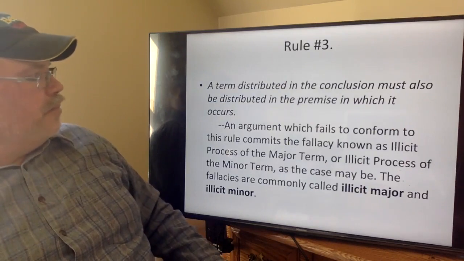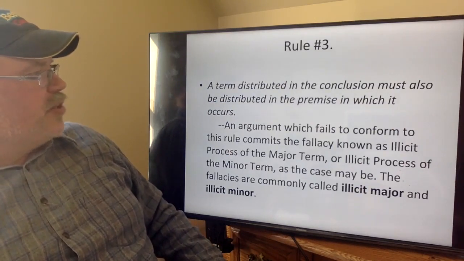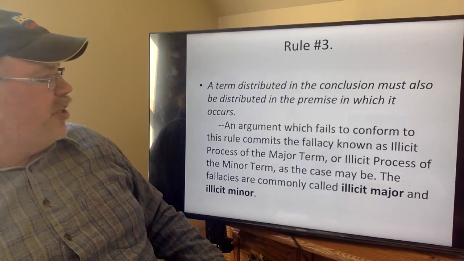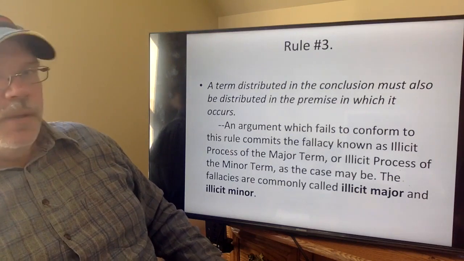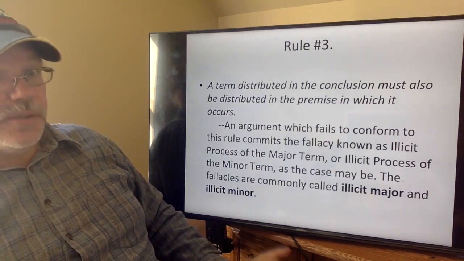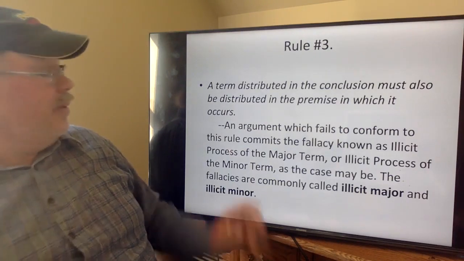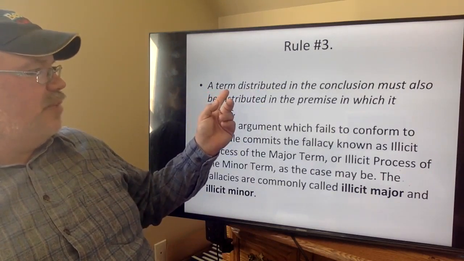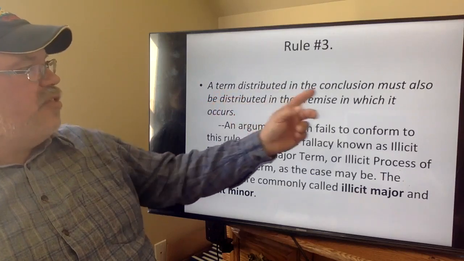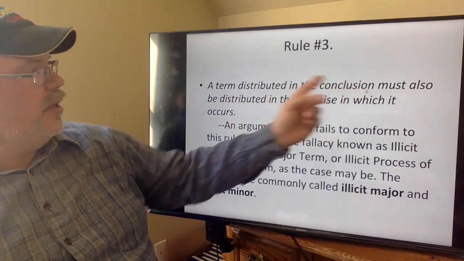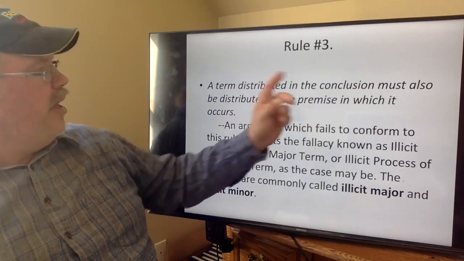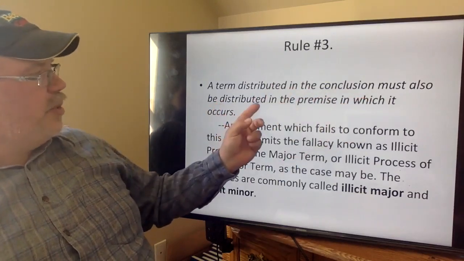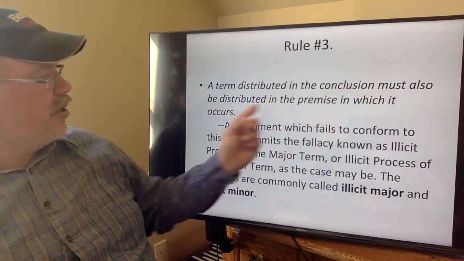Rule 3, a term distributed in the conclusion must also be distributed in the premise in which it occurs. Okay, lots of words there. Let's back up. A term distributed, remember, is either a subject or a predicate of a statement. If it's in the conclusion where it is distributed, then it must also be distributed in the premise in which it occurs.